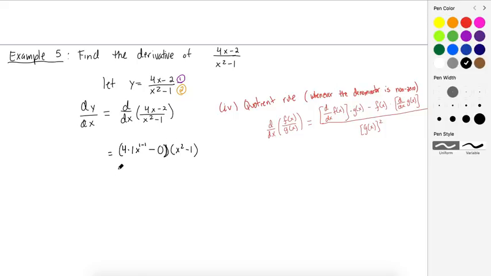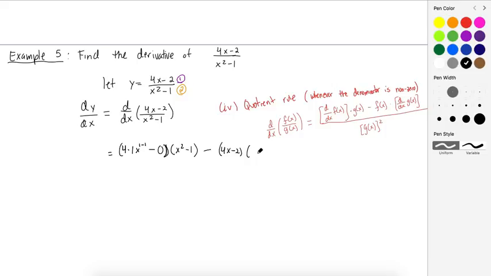So let's simplify this a little bit. Actually, let's save the simplifying until after we're done with this. So now we subtract from it f of x, which we know is 4x minus 2, times the derivative of the second. So this is the first times the derivative of the second.